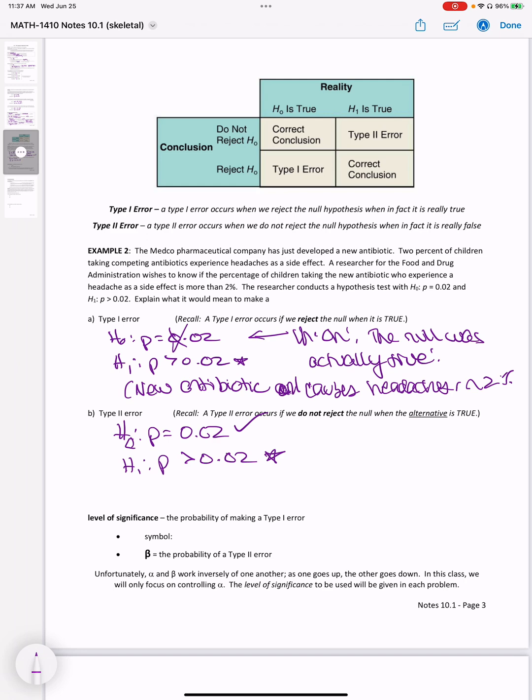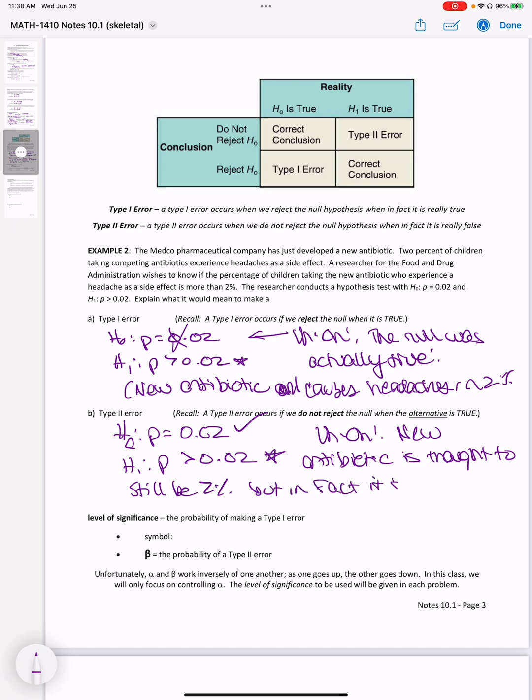Okay, so this is when we say, uh-oh, we said the new antibiotic only causes 2% of headaches. But in fact, it is more. And again, I apologize.